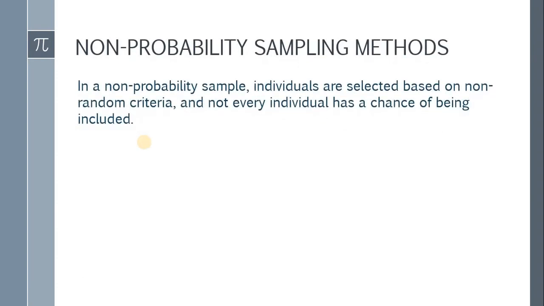So, non-probability sampling methods. Ito naman yung mga hindi random. Okay? In a non-probability sample, individuals are selected based on non-random criteria. Ano ibig sabihin yan? Not every individual has a chance of being included in your sample.